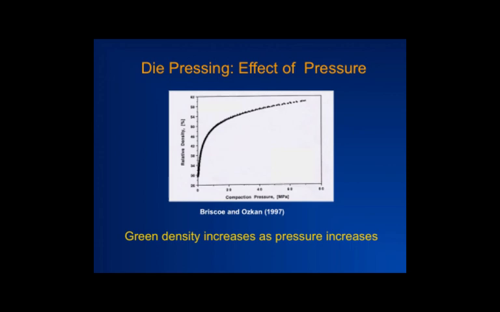But once you reach a certain level, there's not much deformation you can do to get rid of the space. If you have a wide enough distribution, you might be able to push some particles into spaces to pack better, but there's a limit. But mainly, density increases as pressure increases, but each material is going to have a different behavior.